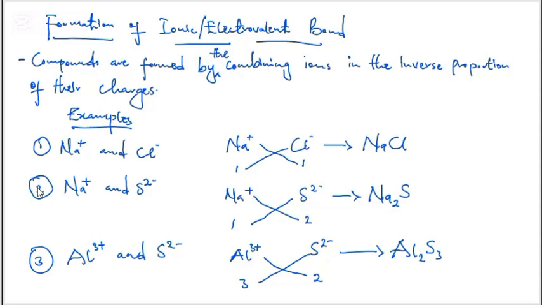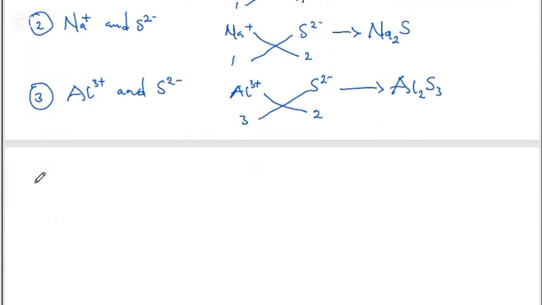Then let's look at one last example. This is very important because a lot of students might miss this. Let's say you want to form a compound between calcium 2+ and once again sulfur 2-. What are their charges? 2 and 2.